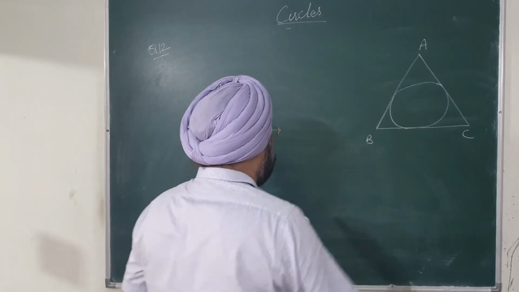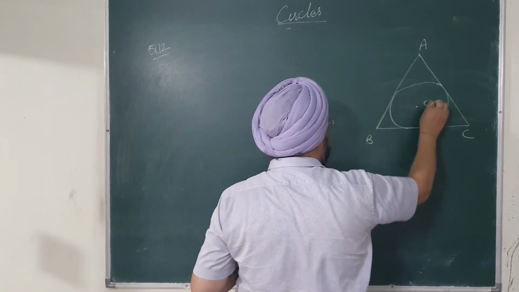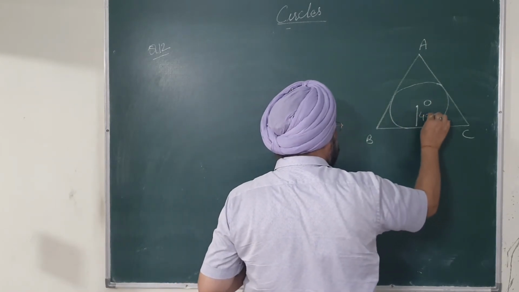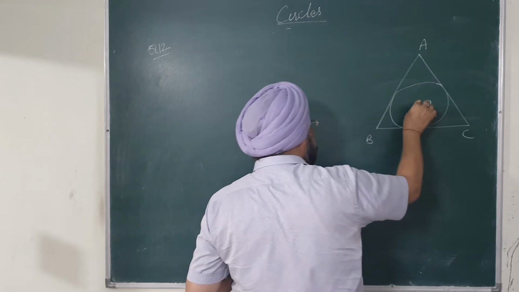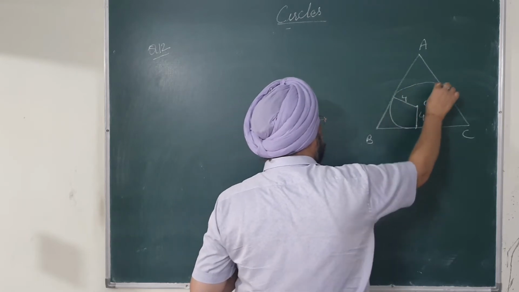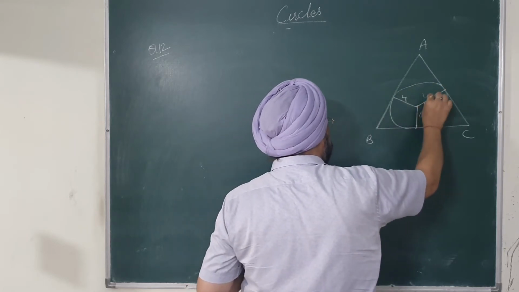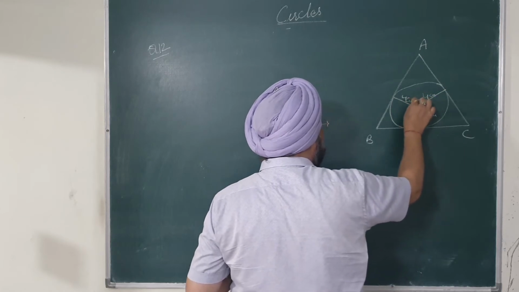The radius is given as 4 centimeters. So let us suppose this is the center. So this radius is equal to 4 centimeters. So we can say this is also 4 centimeters and this is also equal to 4 centimeters, since all are the radius of the same circle.